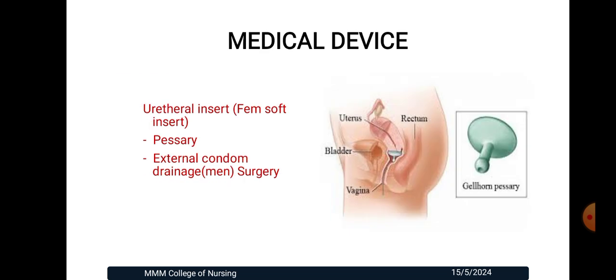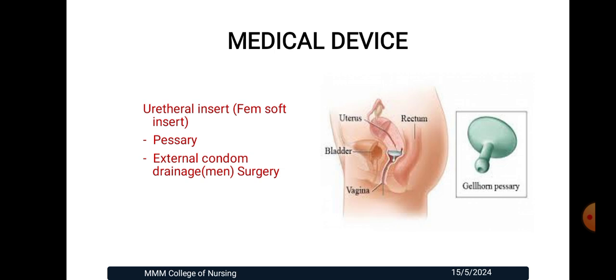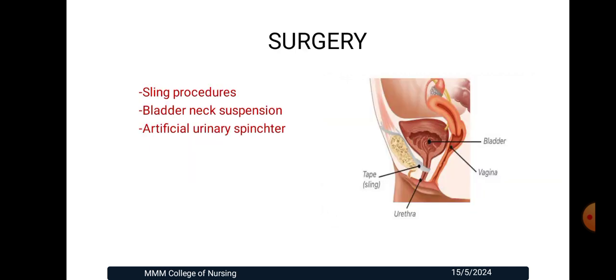Medical devices: urethral stent, FemSoft insert, pessaries, external condom, drainage in men. Surgery: sling procedure, bladder neck suspension, artificial urinary sphincter.